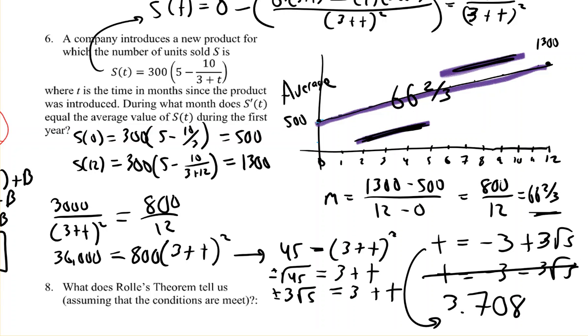I have no idea what it looks like without graphing it. But then if you went to this x value, you would see that it has that as a slope. And if you drew a line on your calculator from the endpoints, and then you went to this x value and you drew the tangent line, they should have the same slope.